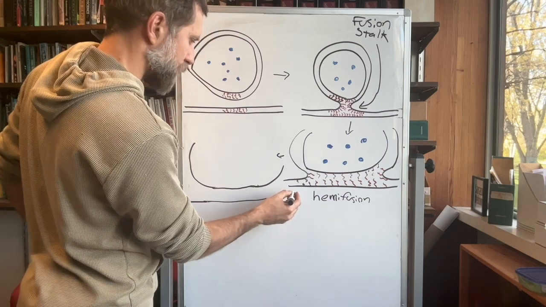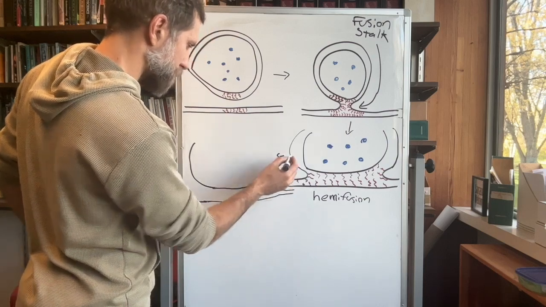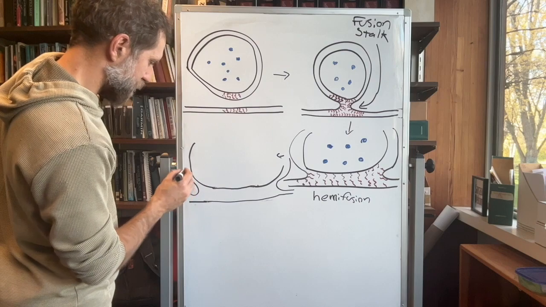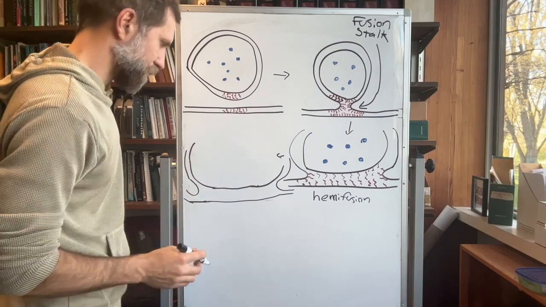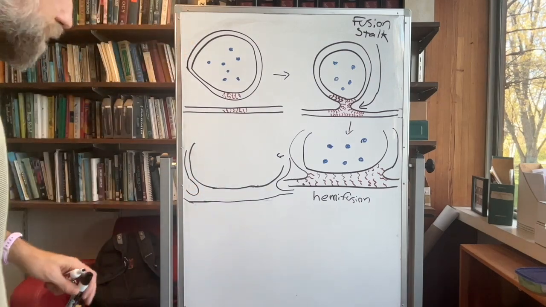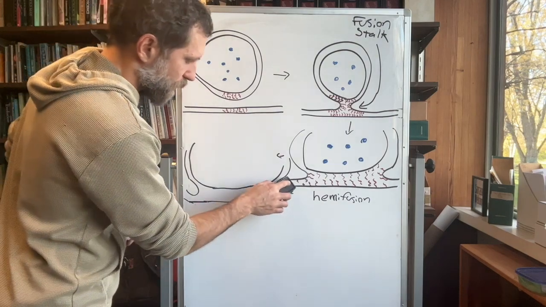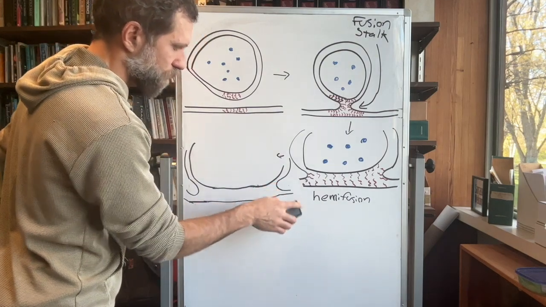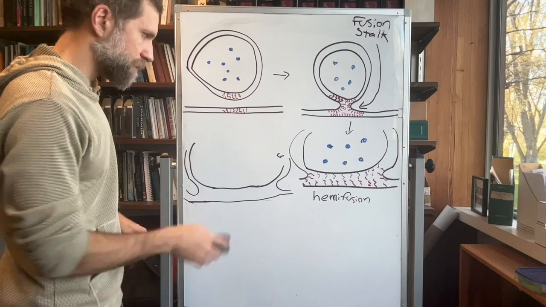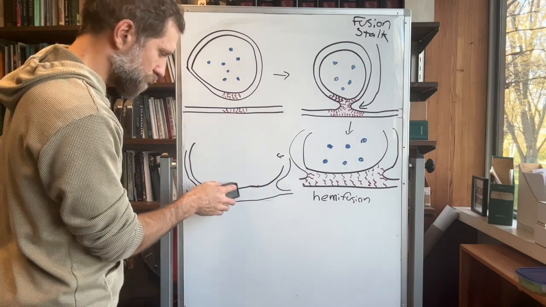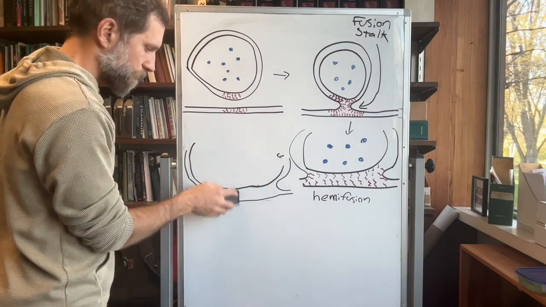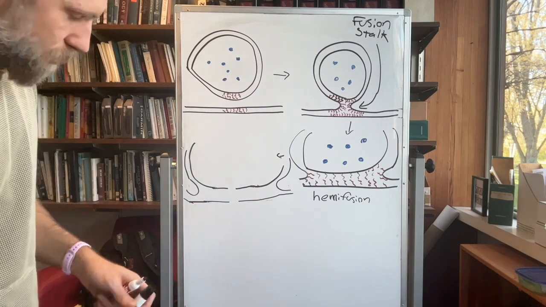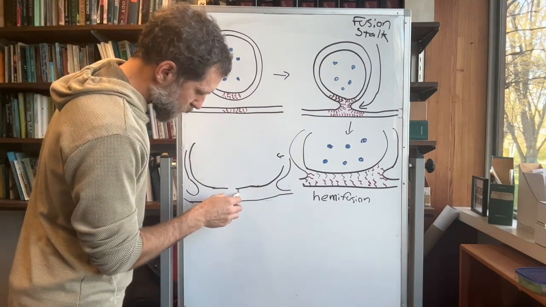So let me draw it this way first, and then we'll just erase in a hole there, and I think that'll ensure that I get this right. Yes. And so we're just waiting for a little pore to open up in our hemifused vesicle and membrane like this.